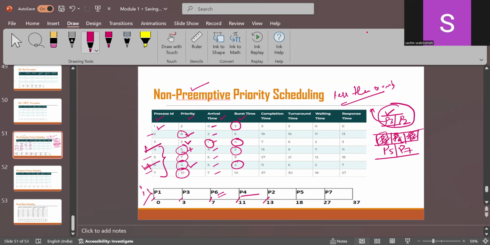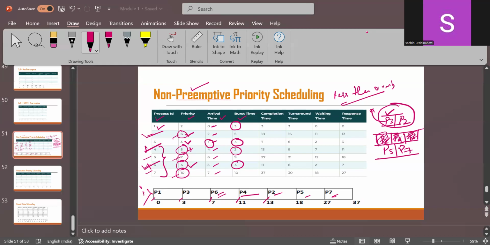So out of 7, 6 and 10, the one having the lesser number, 6, is lesser. So lesser the number, higher the priority, right? So which is the next process which will be running? It is P2. Next will be running P5 and next it will be running P7. So this is how we are drawing the Gantt chart.